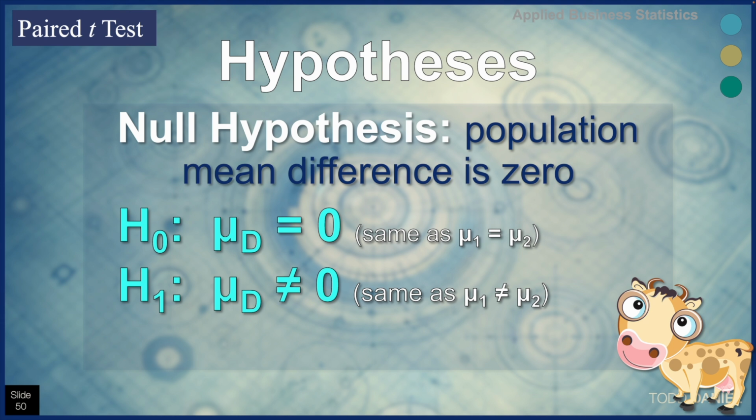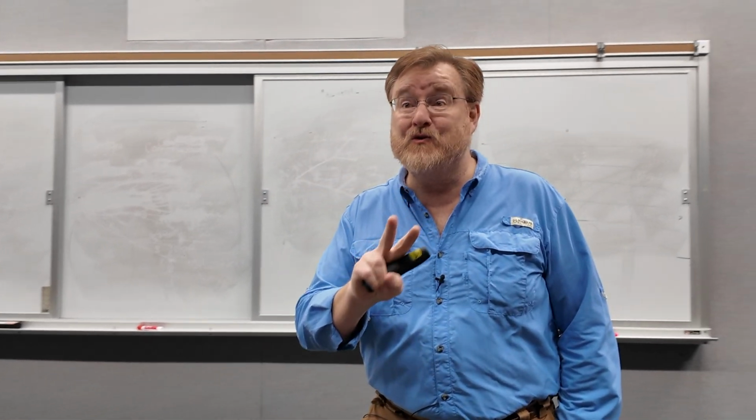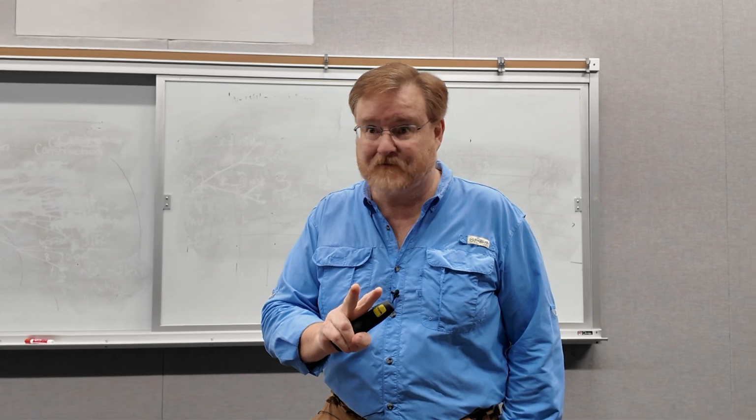The average difference is 0. The alternative, H sub 1 colon mu sub d, does not equal 0, or mu1 does not equal mu2. We'll usually write our null and alternative in this way as the mu sub d equal or not equal, and because we have the equal and the not equal, then we are doing a two-tailed test.